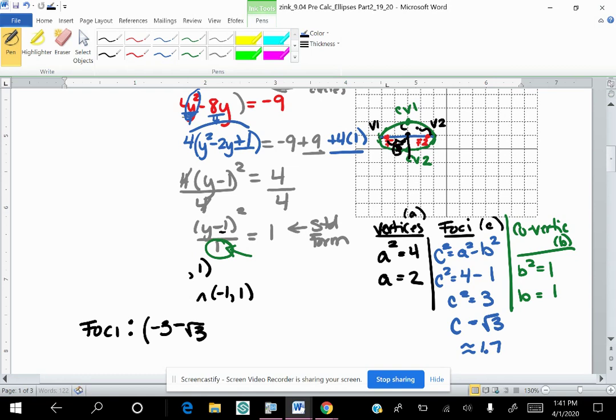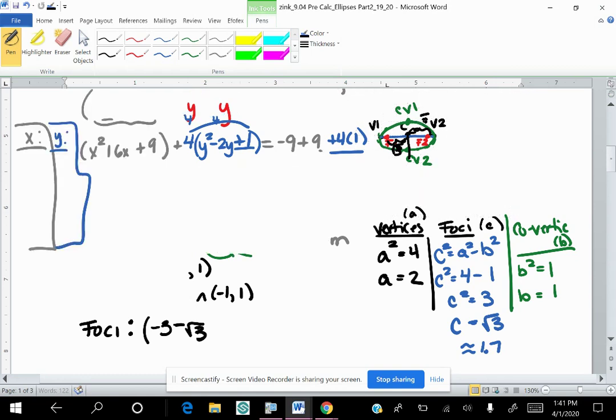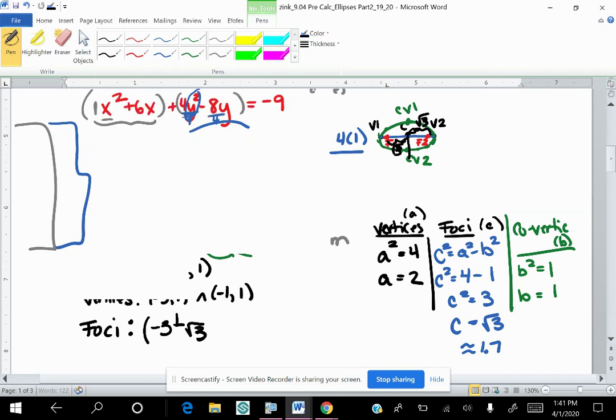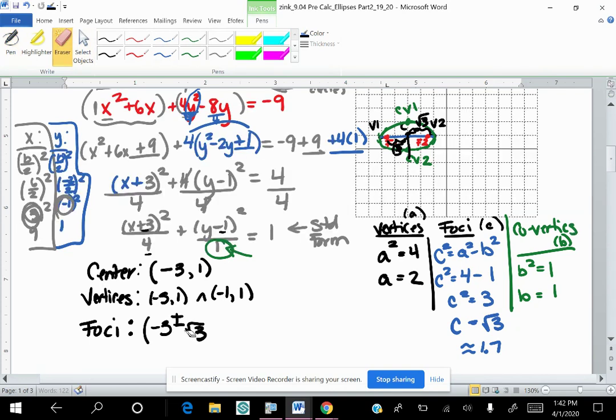If I want to find this one over here, this is also rad 3 between my focus and my center. So I'm going to go over to -3, and then I'm going to add rad 3 to it. So let me rewrite that so it doesn't look so funky. So our foci, the x-coordinate will be -3 plus or minus rad 3, and then up 1.